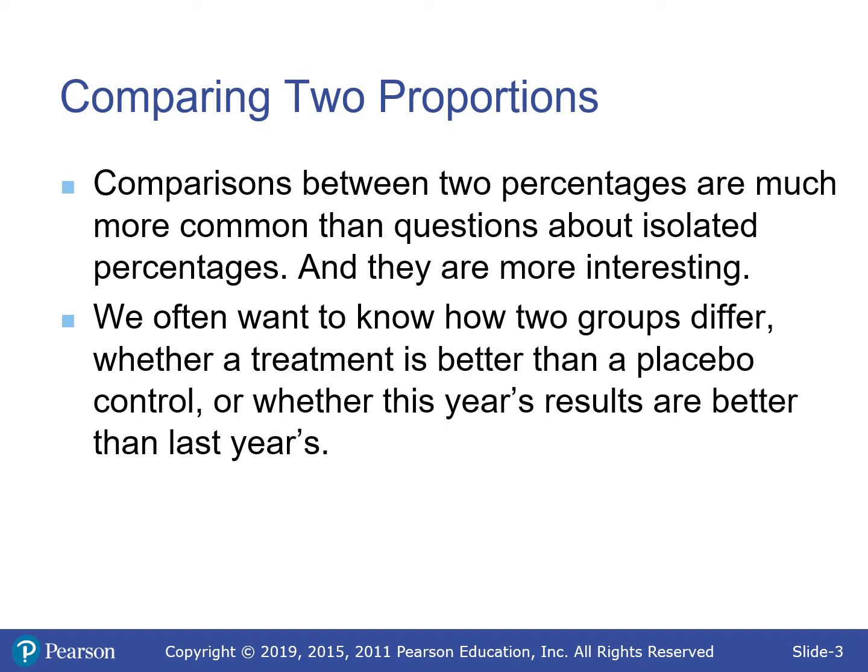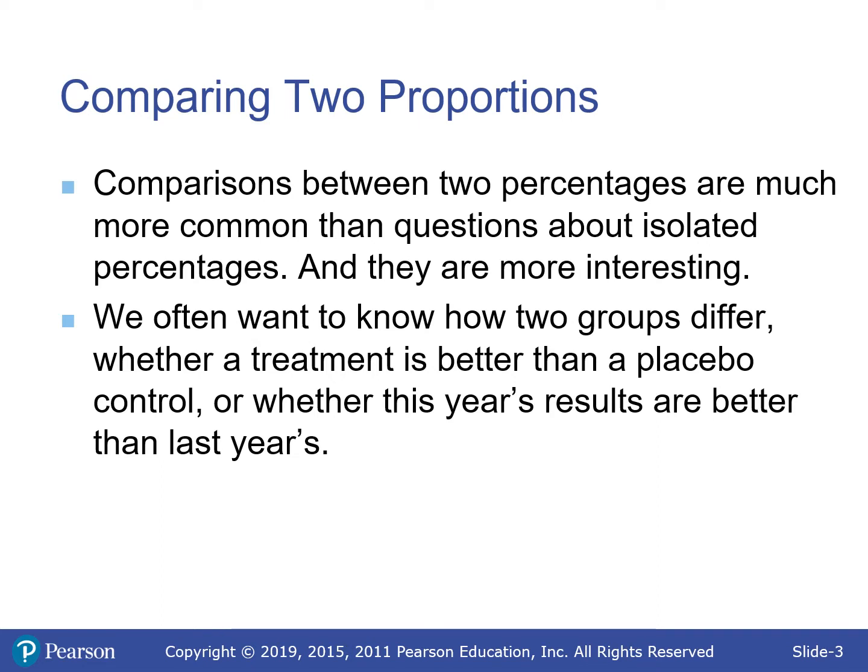So when we're comparing two proportions, a lot of times we want to compare as opposed to just see if one is bigger than or less than something else. And so this lets us compare two things like the two groups with a treatment or a placebo, or this year and last year.